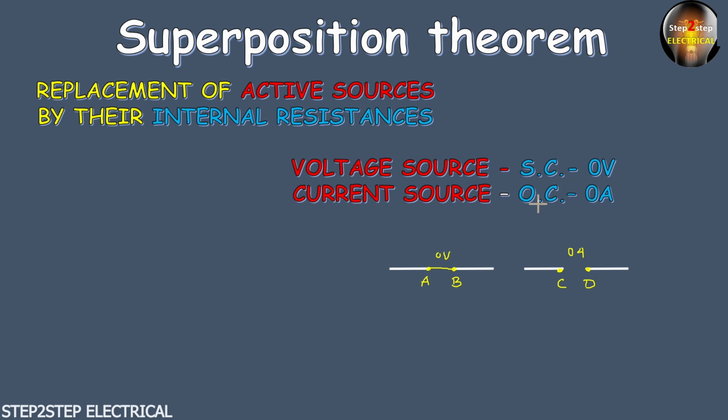After replacing the active sources, they must not function. The voltage source provides voltage, and after replacement it should not provide voltage, that's why it is replaced by a short circuit. The current source provides current, but after replacement by its internal resistance it must not provide current, that is 0 ampere, that is open. In this way we can understand and learn by heart.